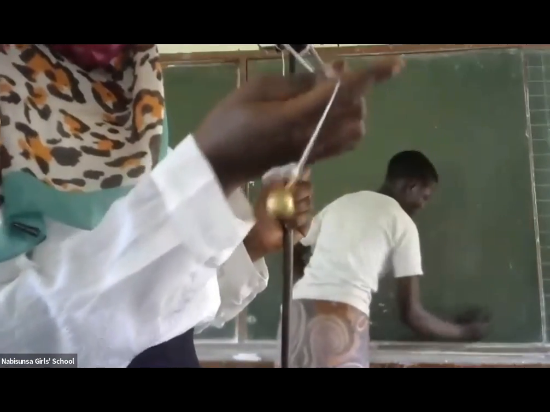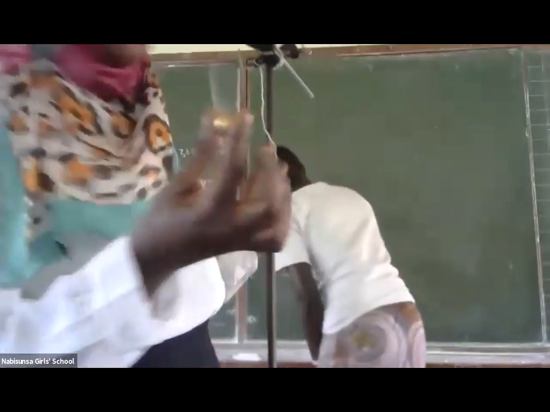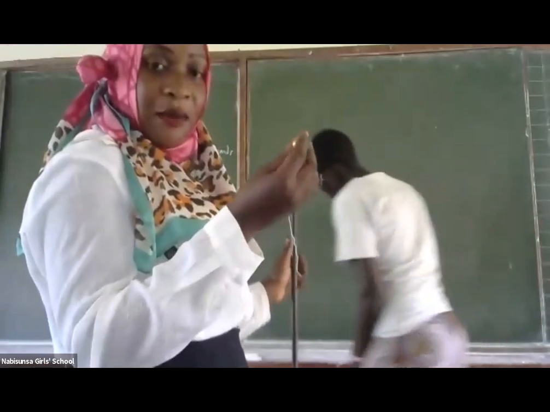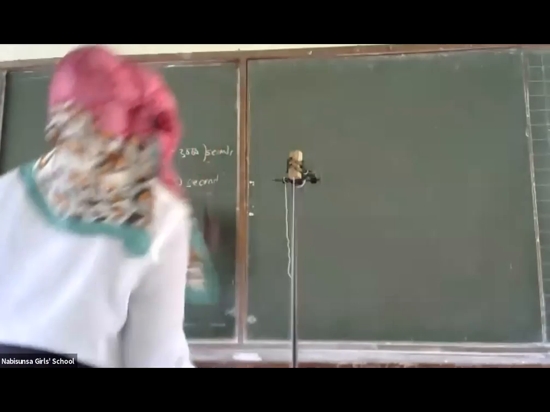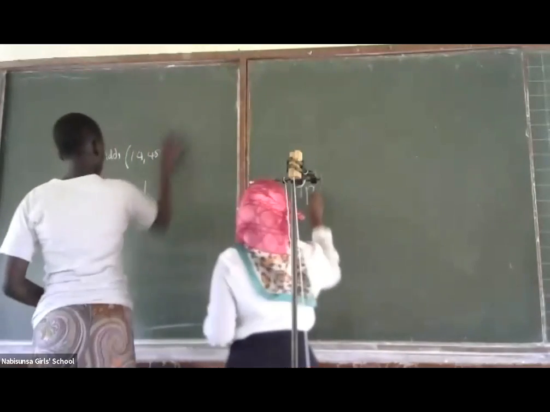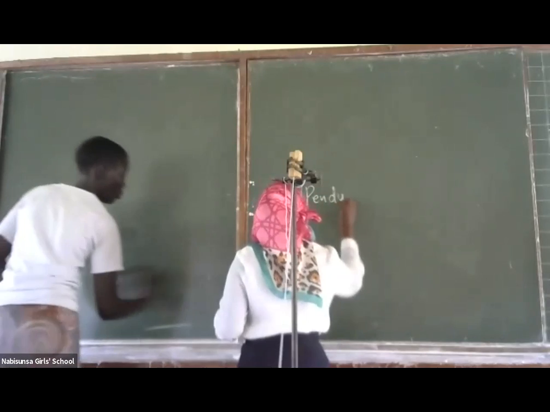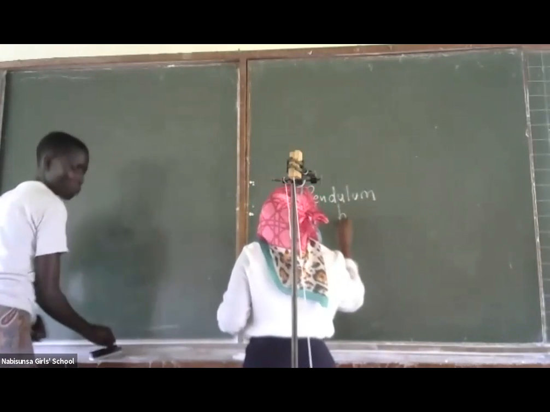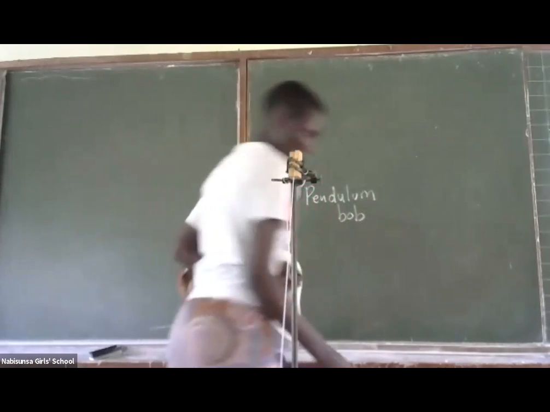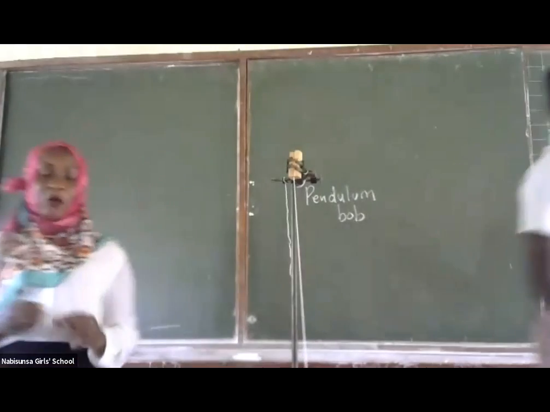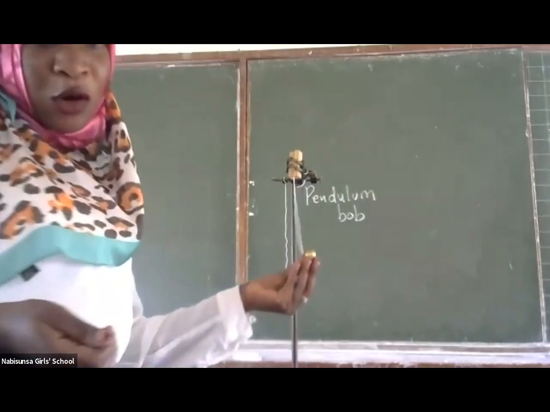I'm going to write it on the blackboard. The ball, we call it a pendulum bulb. That's how we call this small ball.